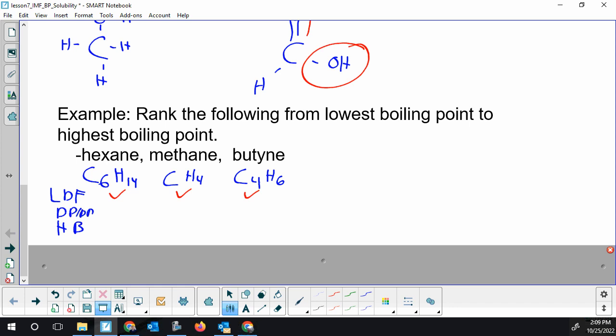Does anybody remember anything about polarity when you have just C's and H's? When you have C's and H's only, they're always nonpolar.